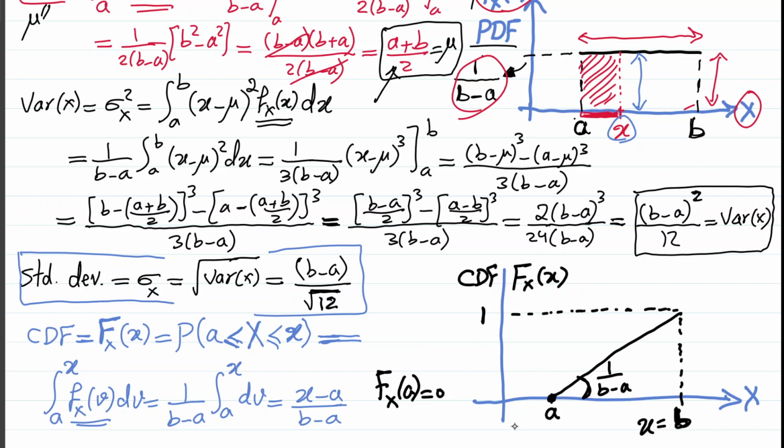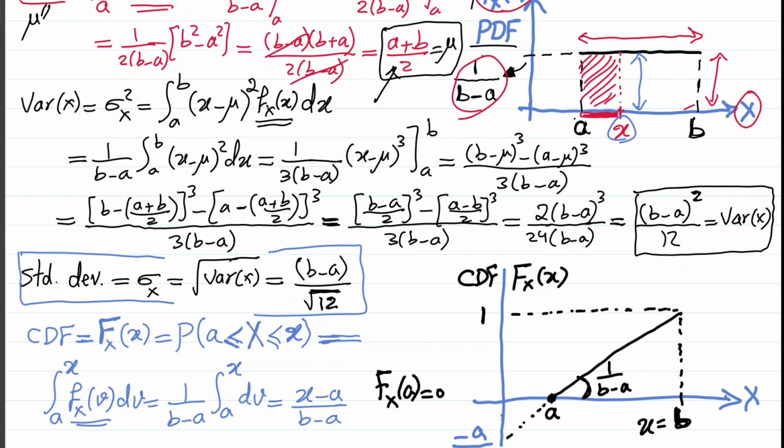And of course, if you could go below a just to visually show the intercept, which we can't, the intercept would be the value minus a divided by b minus a. That's the y-intercept.